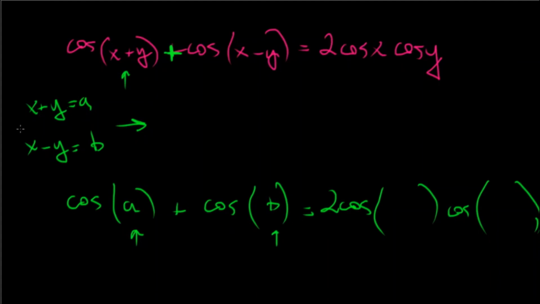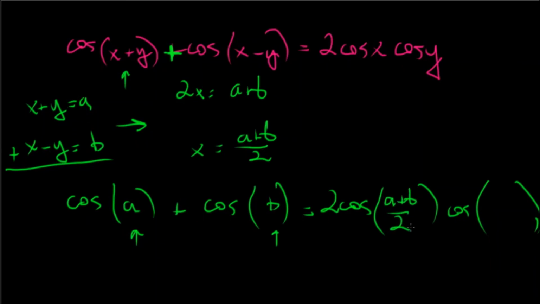If I sum them, I get 2x, the y's go away, and I get a plus b. 2x equals a plus b. If I divide by 2, I get a plus b divided by 2. So that is what goes in the x spot, a plus b divided by 2.